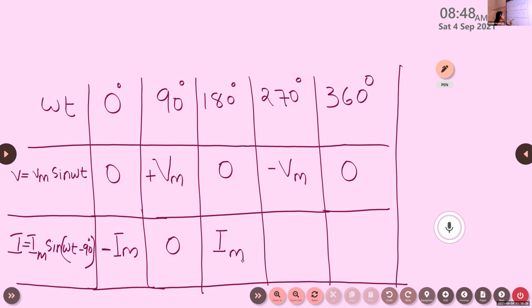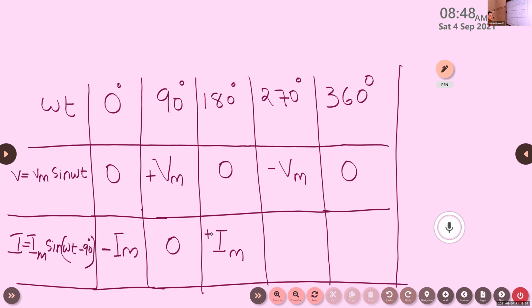The next phase angle is 270 degree. 270 minus 90, I is equal to Im sin 270 minus 90. That is 180.